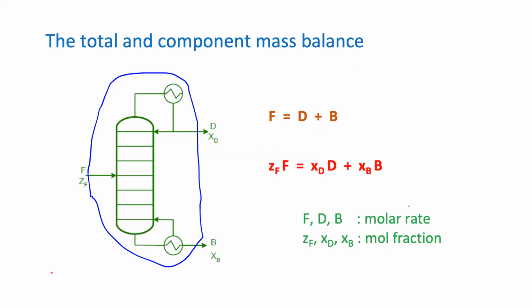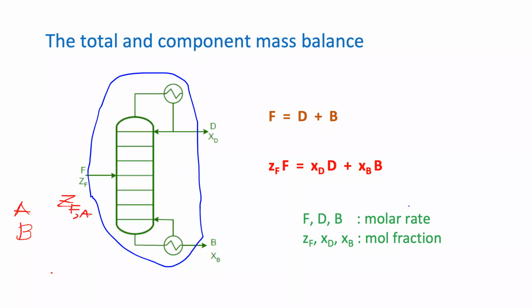If we have two components, A and B, then Z is the molar fraction of A in the feed.